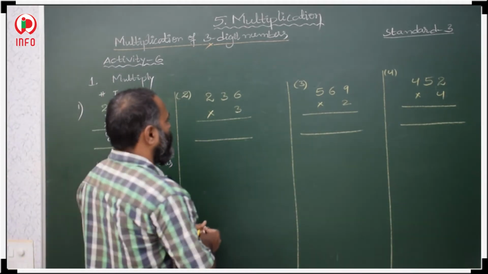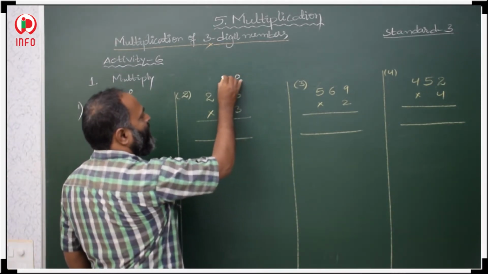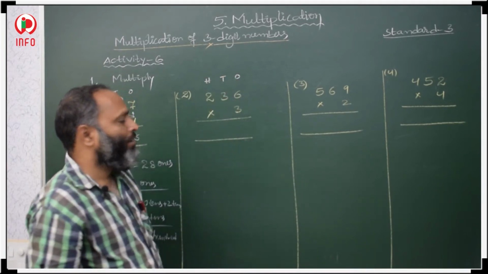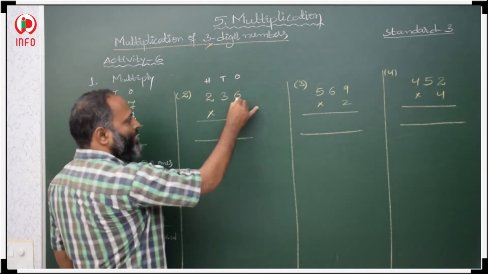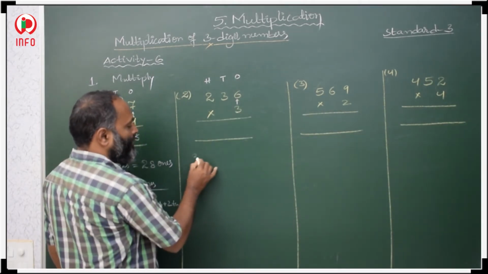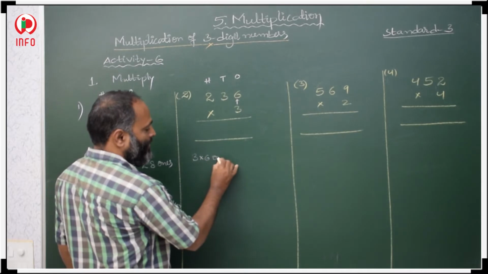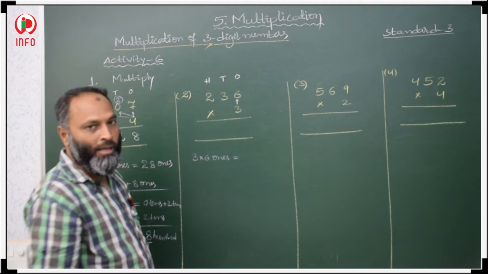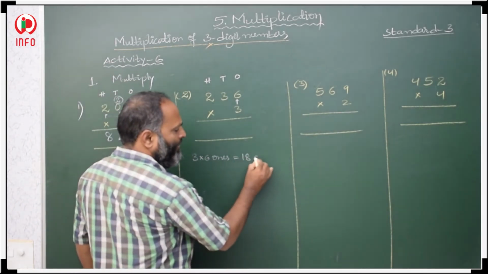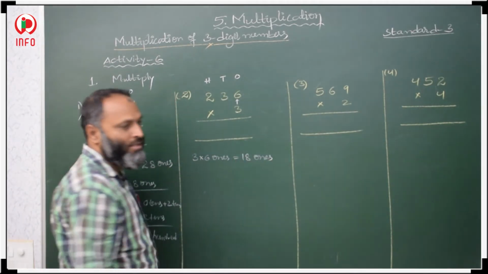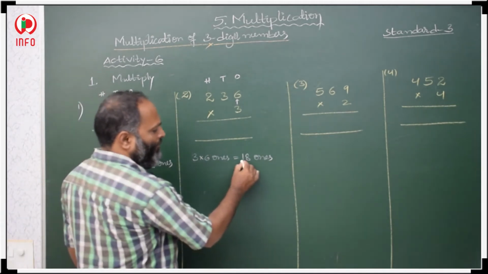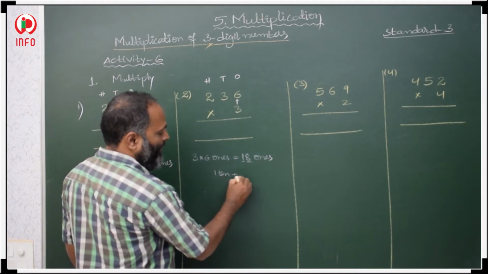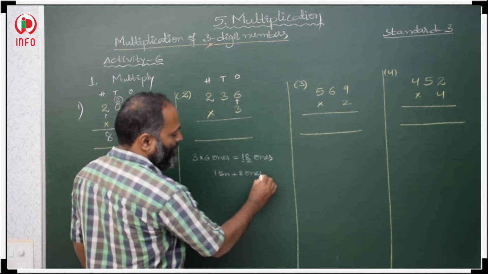Here also, this is our ones place, this is our tens place, this is our hundreds place. So now we multiply 3 with ones place. 3 into 6 ones is equal to 3 sixes are 18. 18 ones means 1 ten and 8 ones.